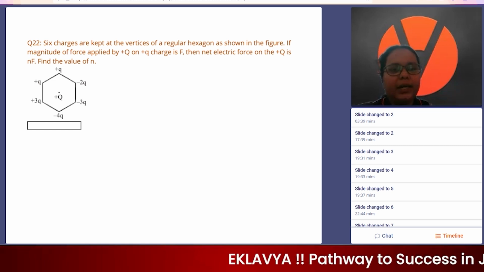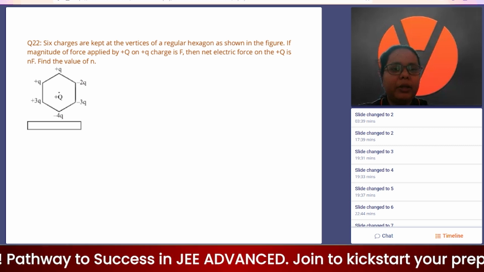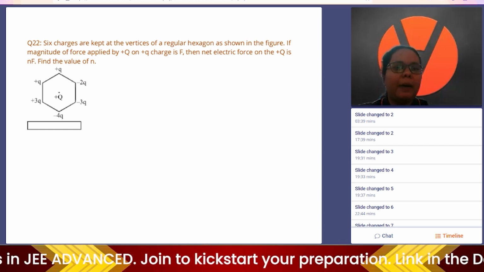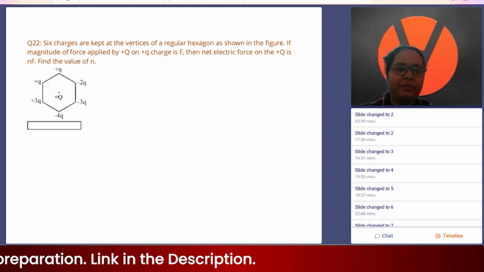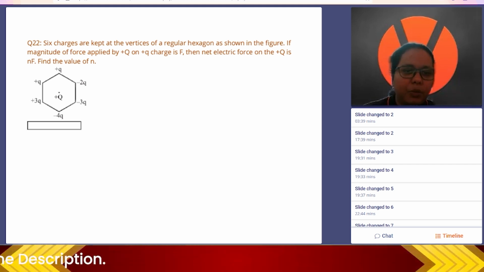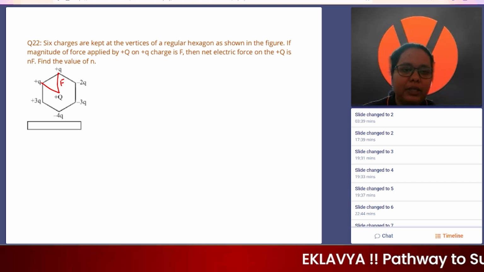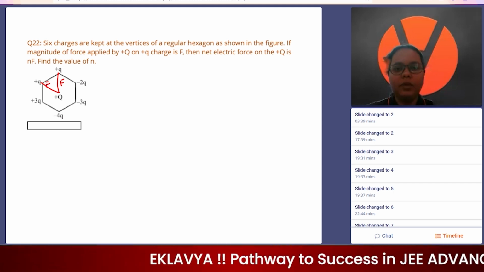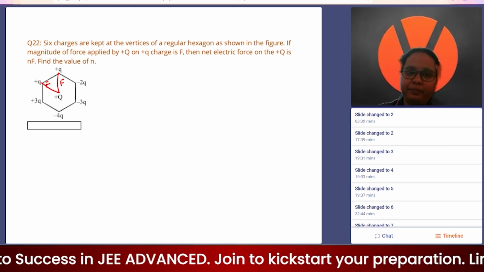Six charges are kept at the vertices of a regular hexagon as shown in the figure. The magnitude of force applied by plus q on plus q charge is F. Then the net electric force on the plus q is NF.